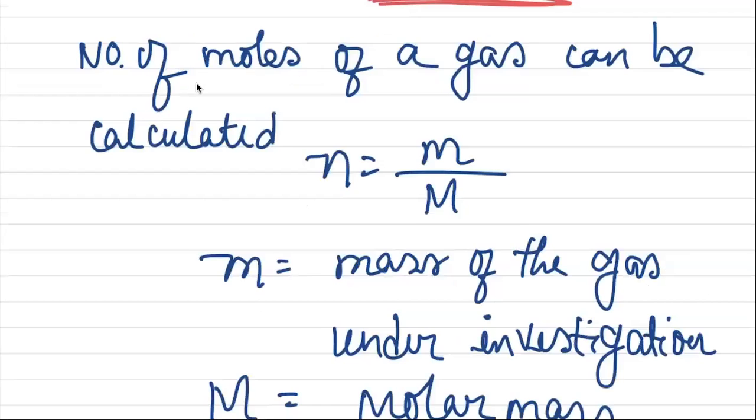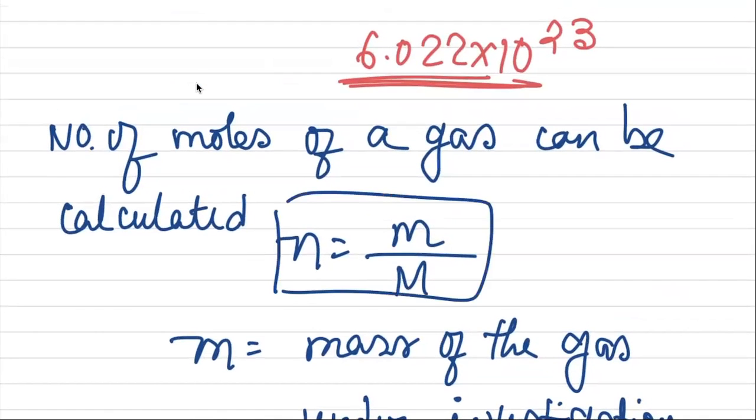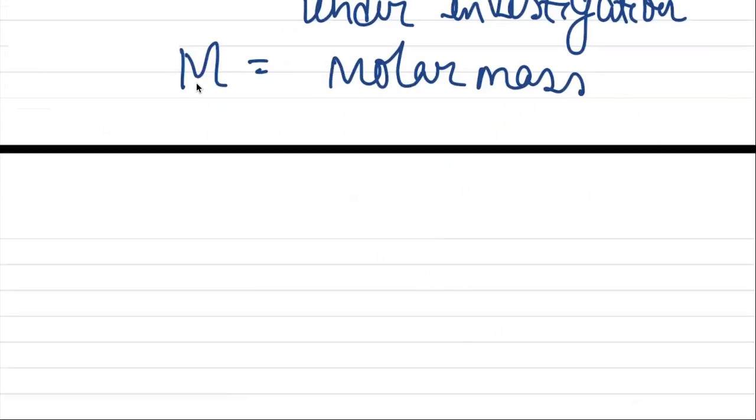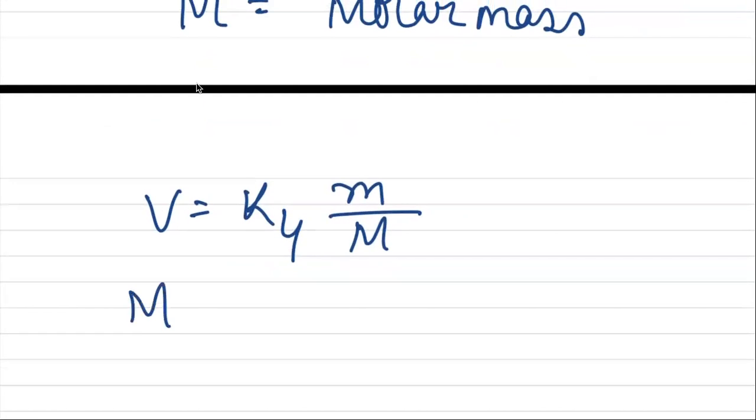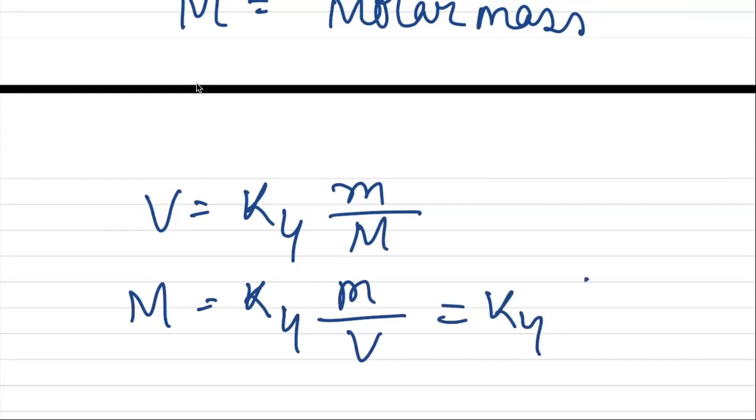If we put this value in this equation, we find that V equals k4 small m by capital M. We can rearrange this equation and write M equals k4 m by V. Mass by volume is equal to density.